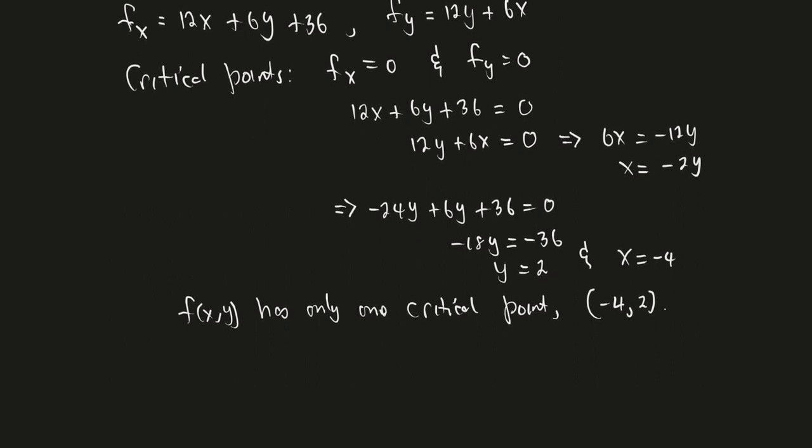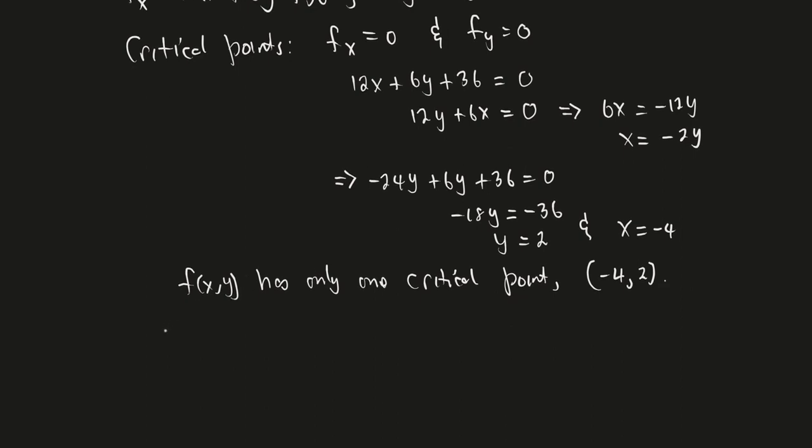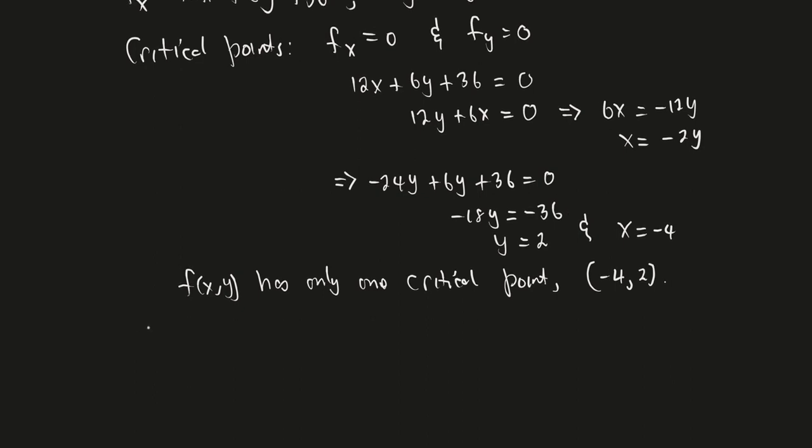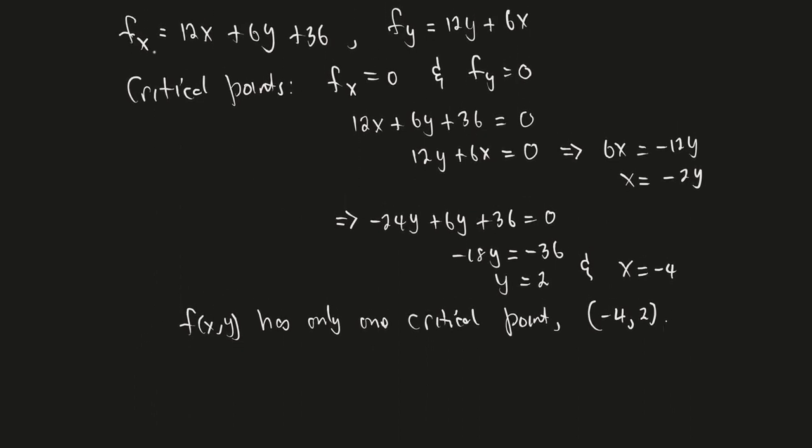So what we're going to do, let's go ahead and compute the Hessian. I'm going to go up here so that we can see the first partial derivatives. So fxx, that's equal to 12. Everything else is a constant, so we're just left with 12. fxy, if I differentiate this with respect to y, I'm just going to have 6.